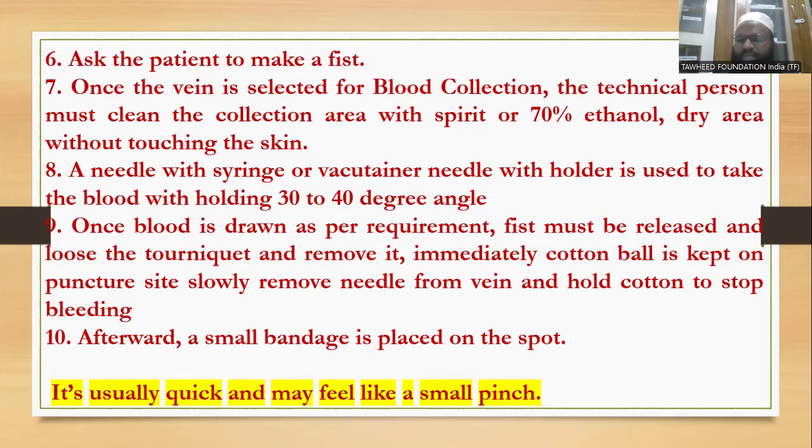Immediately a cotton ball is kept on the puncture site. Slowly remove the needle from the vein and hold the cotton to stop bleeding. Afterwards, a small bandage is placed on the spot. This method is used to collect blood samples routinely. It's usually quick and may feel like a small pinch.